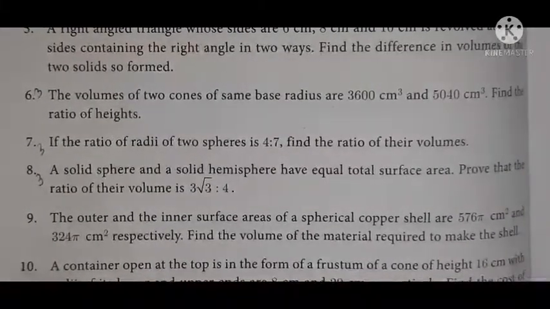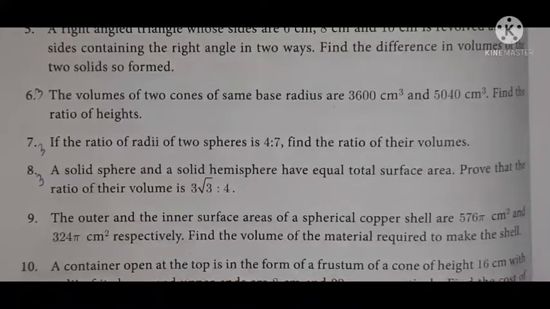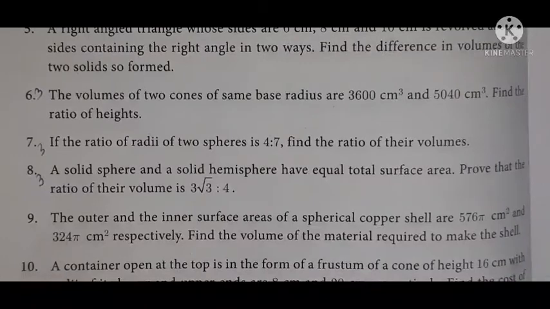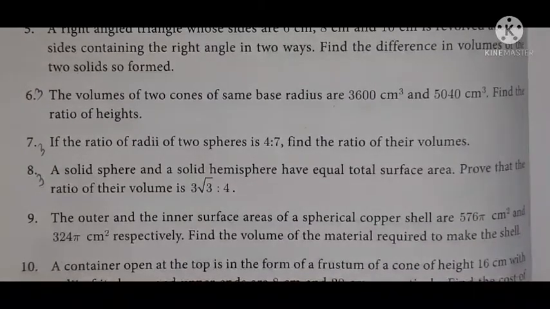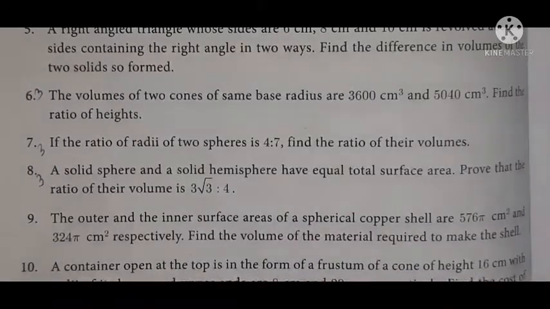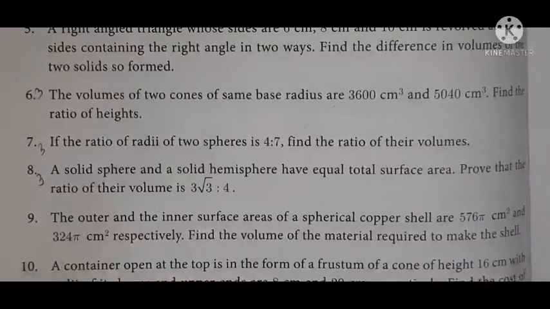Exercise 7.2, sum number 9. The outer and the inner surface area of a spherical copper shell are 576 pi centimeter square and 324 pi centimeter square respectively. Find the volume of the material required to make the shell. A spherical copper shell. The outer and inner surface area is given.